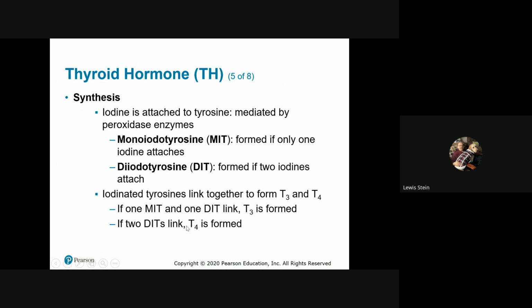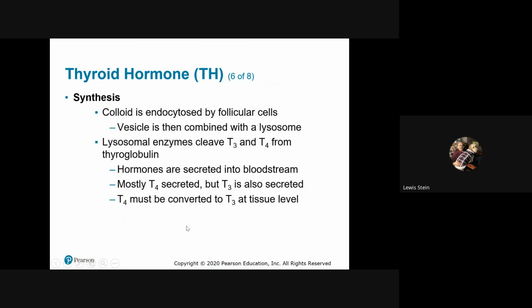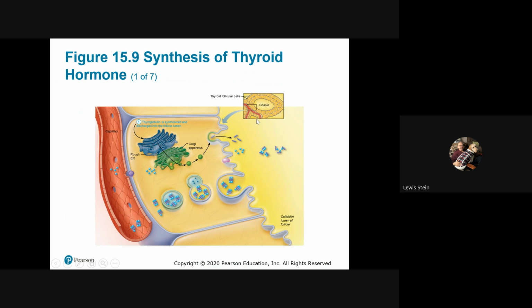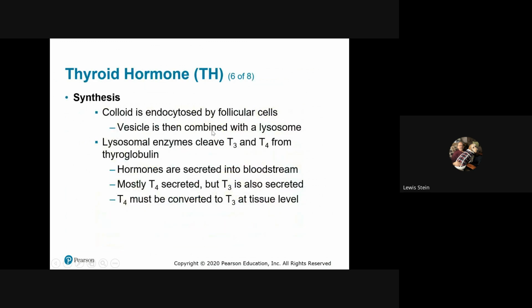So as you'll see illustratively, T3 or T4, and then that vesicle combines. Basically, it's exocytosed, and the colloid is endocytosed and then combined with a lysosome. The lysosomal enzymes cleave off the T3 and T4 from the thyroglobulin, and that allows the hormones to be actively secreted into the bloodstream. They require a carrier molecule in order to get them to the cell.